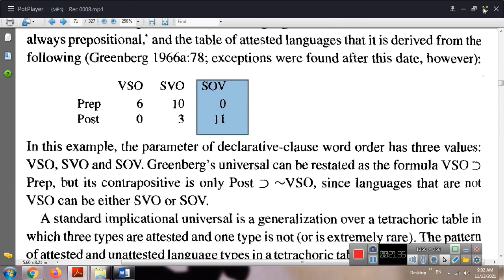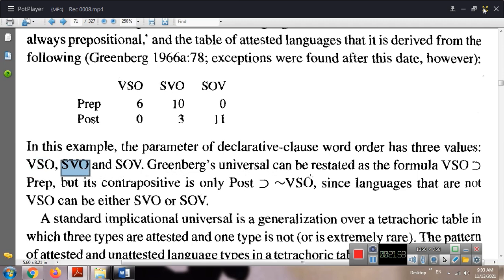In this example, the parameter of declarative clause word order has 3 values: verb, subject, object. V stands for verb, S stands for subject, and O stands for object: VSO, SVO, which is subject, verb, object, and SOV, which is subject, object, verb.